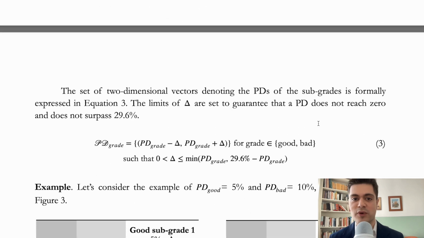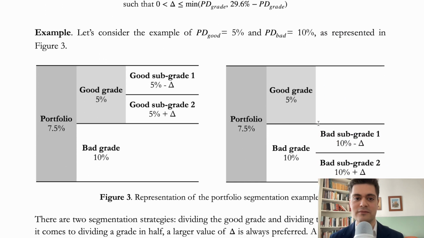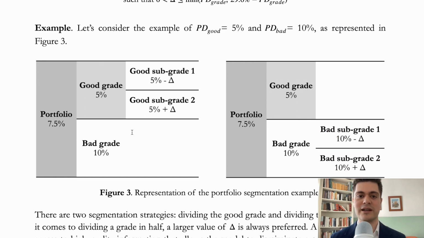To illustrate this point, let's consider a simple example. Let's say our portfolio is split in half. There's a good grade with a PD of say 5% and a bad grade with a PD of 10%. Now the risk modeler faces two discrimination strategies: to split the good grade or to split the bad grade.